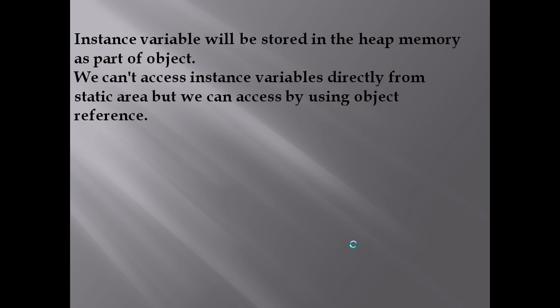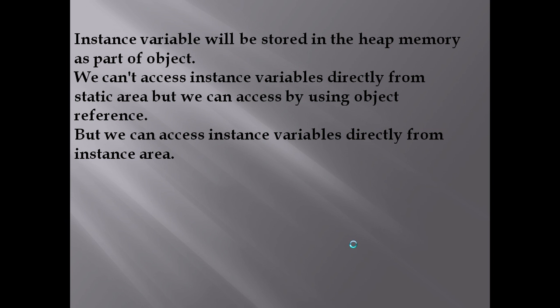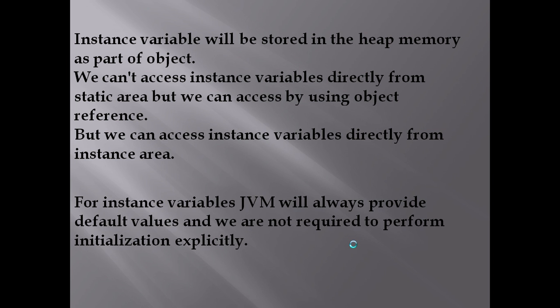We cannot access an instance variable directly from the static area, but we can access it by using an object reference. We have discussed this point. So to access instance variables, we have to create the reference variable, and then we can access it inside the static area as well. And inside a non-static construct, we can use it plainly by its name. And for instance variables, the JVM will always provide default values. This is a very important point.